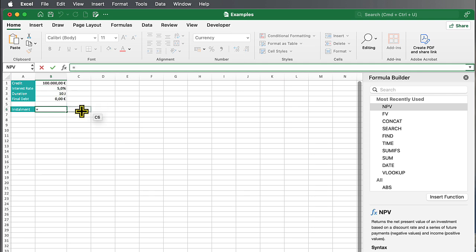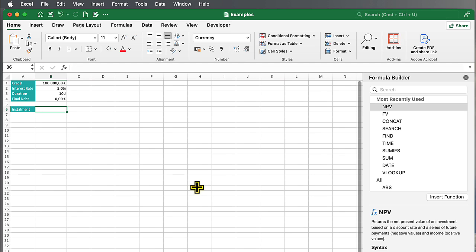And quite similar, usually you do not talk about a duration, but you talk about number of payments you're doing to pay the credit back. So if you think about a 10 years contract, you have to think about a duration of 10 years, and if you pay monthly, you have 10 times 12 monthly payments. So always be careful if you talk about month or year, and then you have to think about a factor of 12.